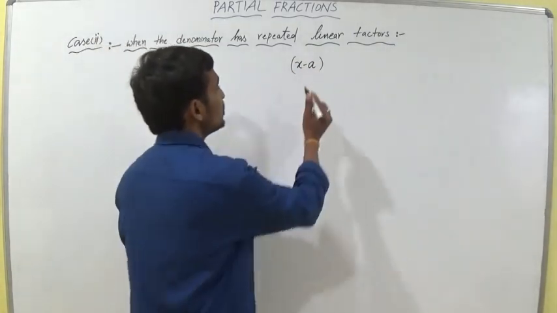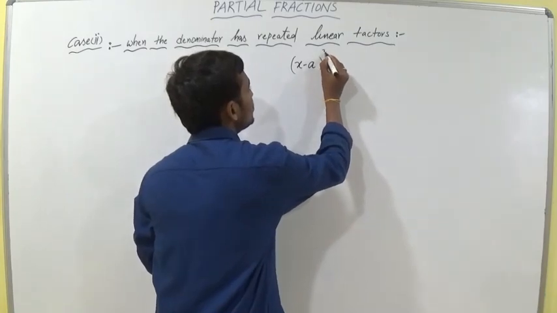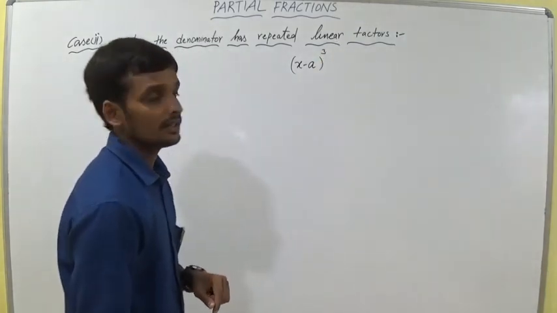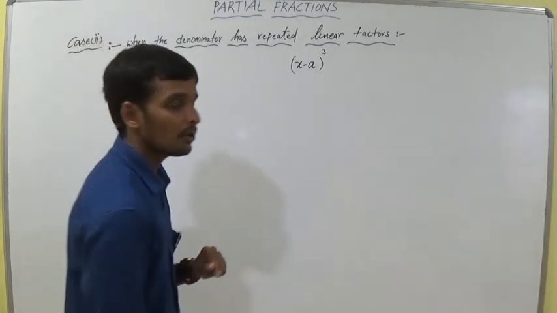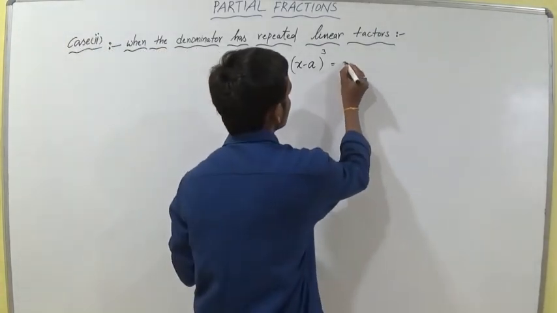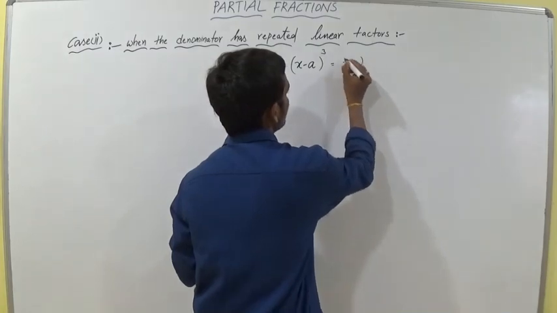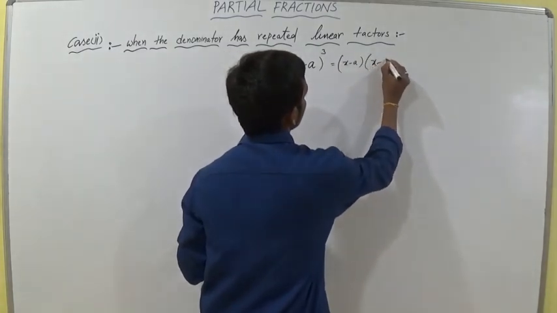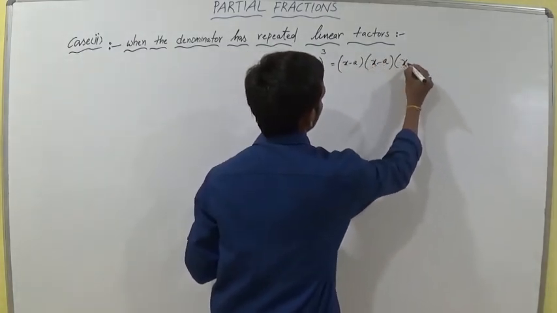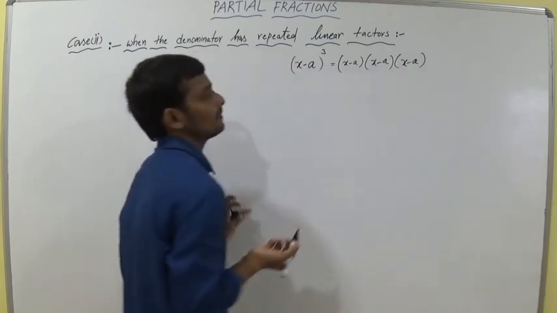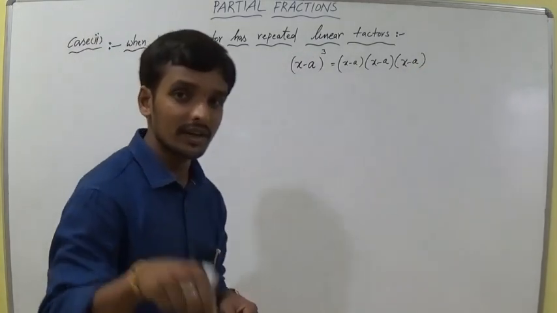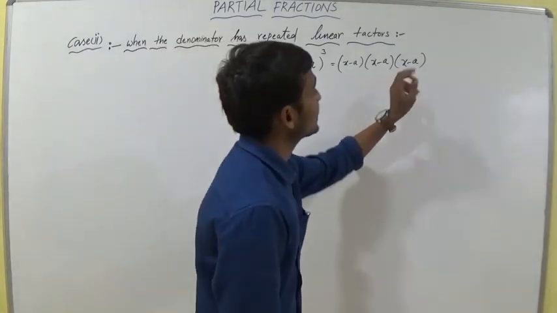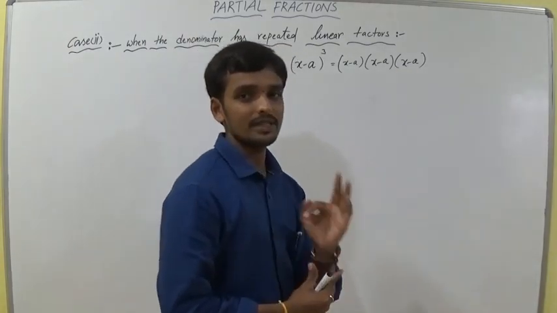For example, if you write 3 here, that means x minus a whole cube. X minus a whole cube means x minus a into x minus a into x minus a. So x minus a is a linear factor that repeats 3 times.